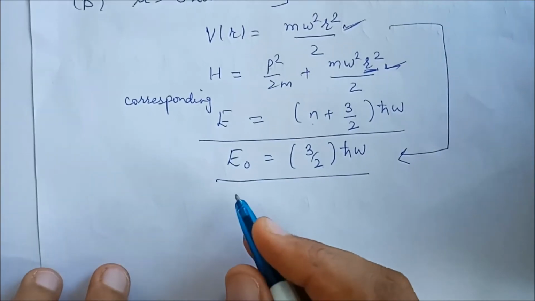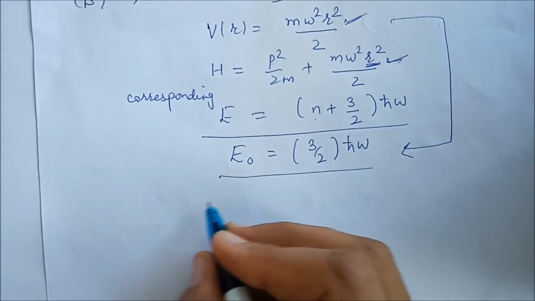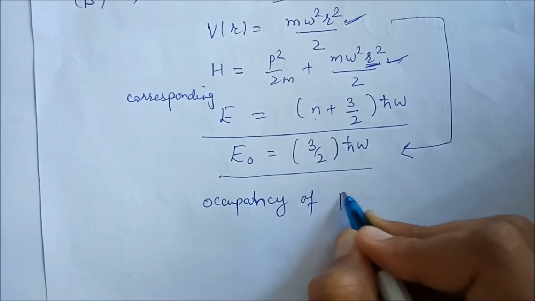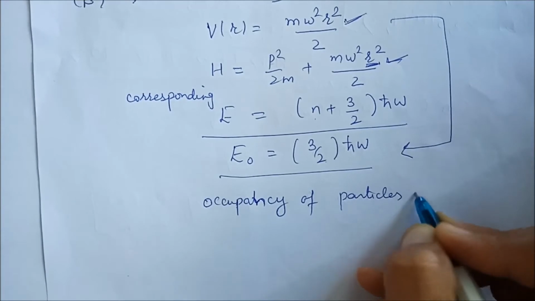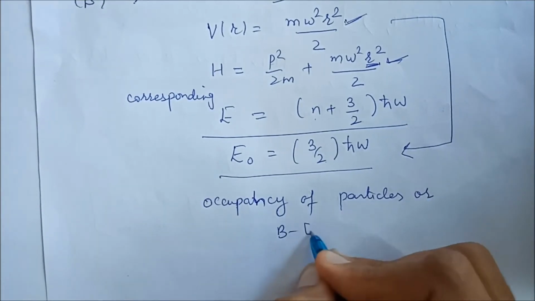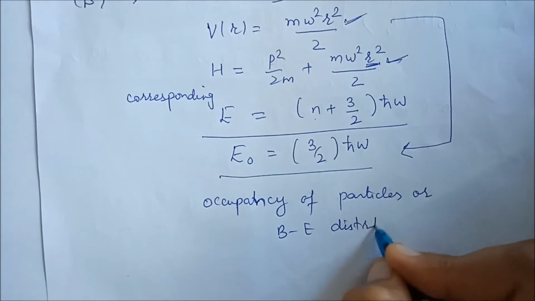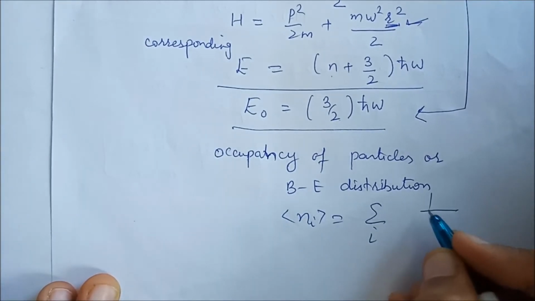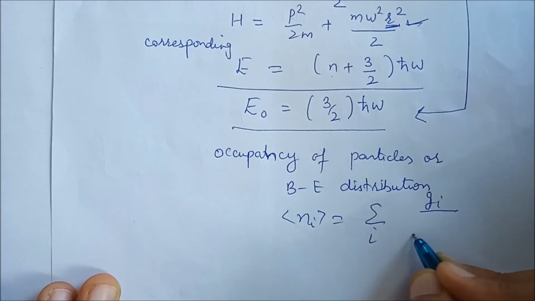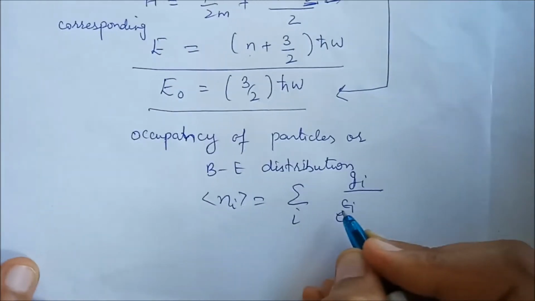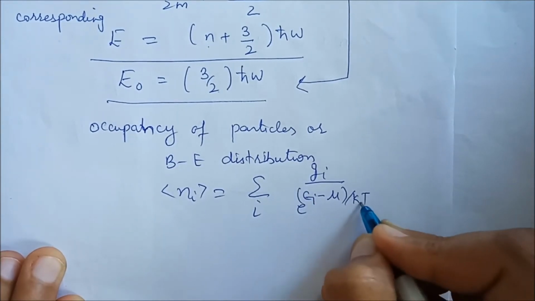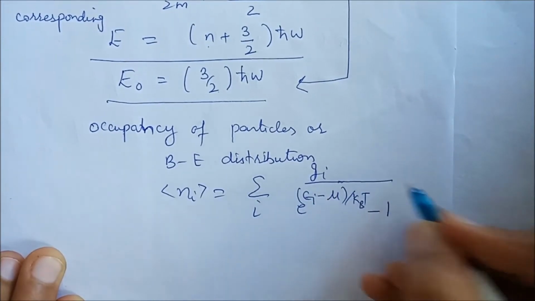According to the Grand Canonical Ensemble, the occupancy of particles, or the Bose-Einstein distribution, is given as N_i equal to the summation over i of g_i over e to the power (epsilon_i minus mu) over k_B T, minus 1.